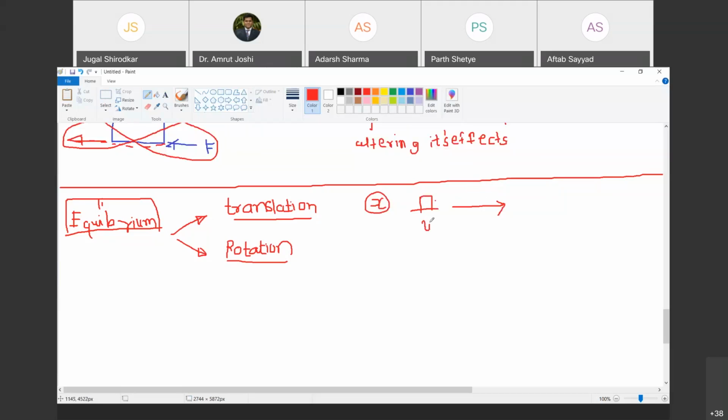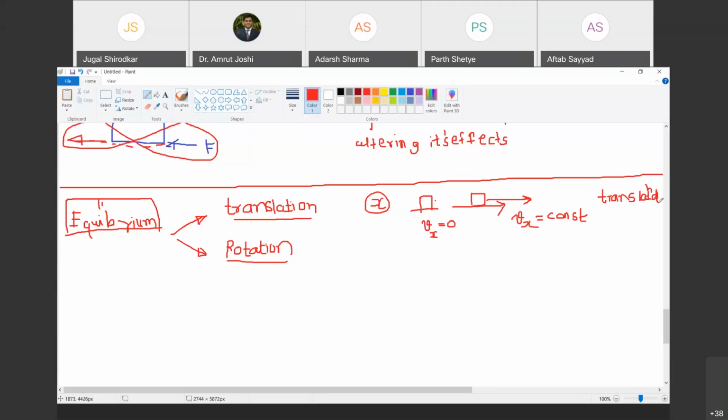That means its velocity along x direction is 0. Or the body is moving along x-axis translationally and its velocity is constant. If either one of these two things is satisfied, we will say the body is in translational equilibrium along x axis. Are you with me? Yes sir.